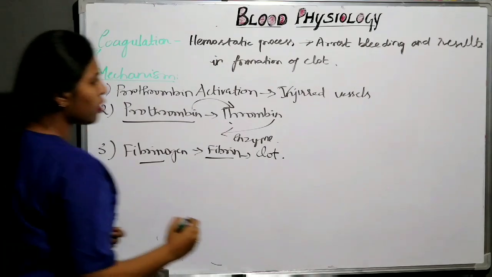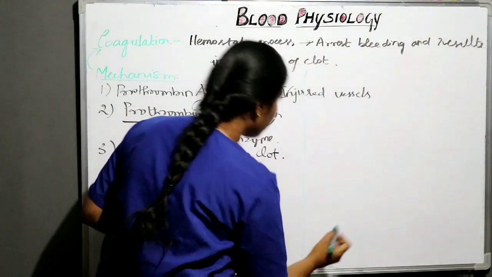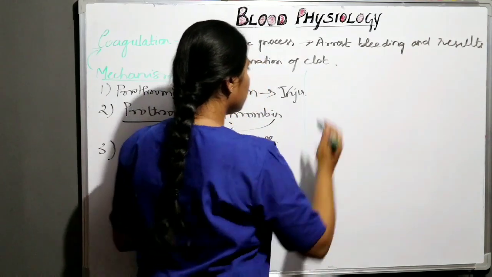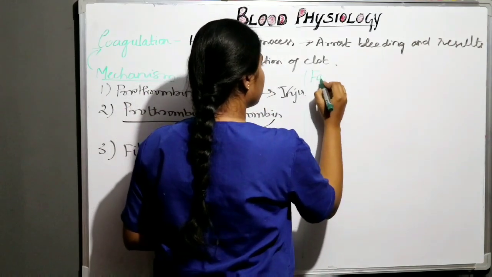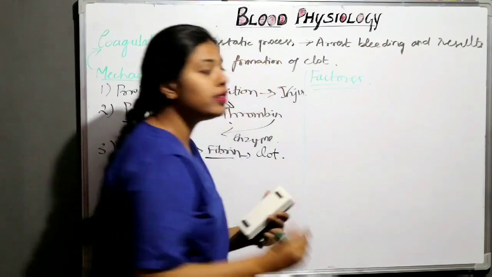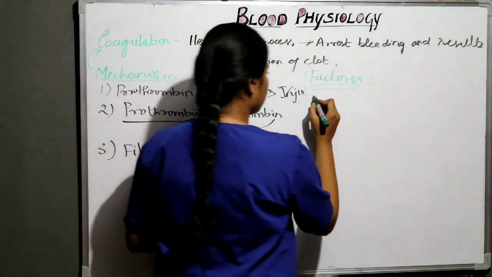Then we will be discussing the factors. There are 13 factors of coagulation.